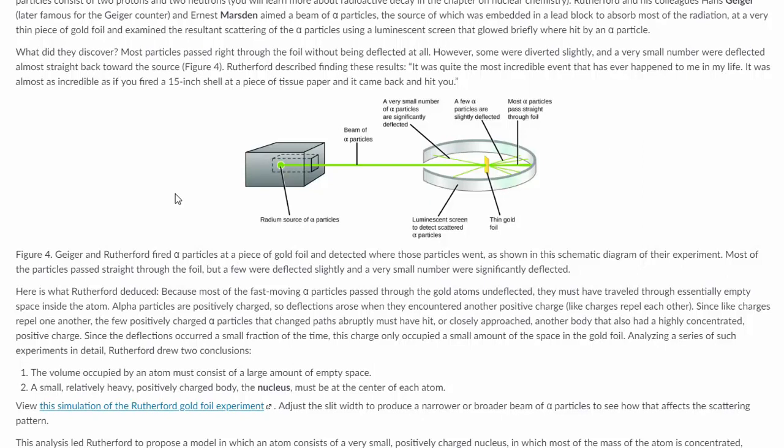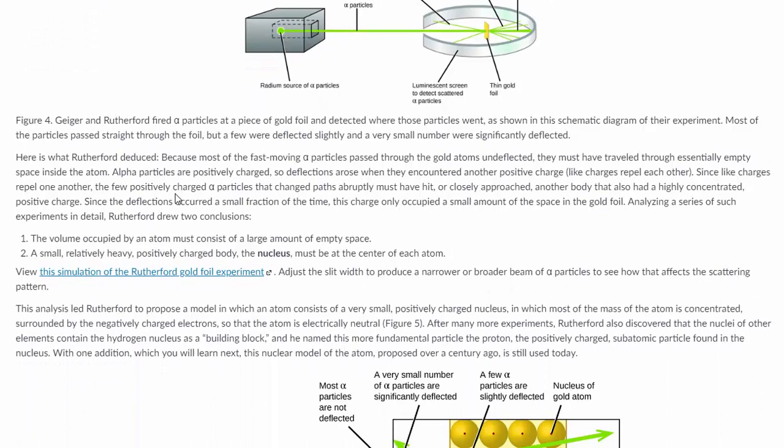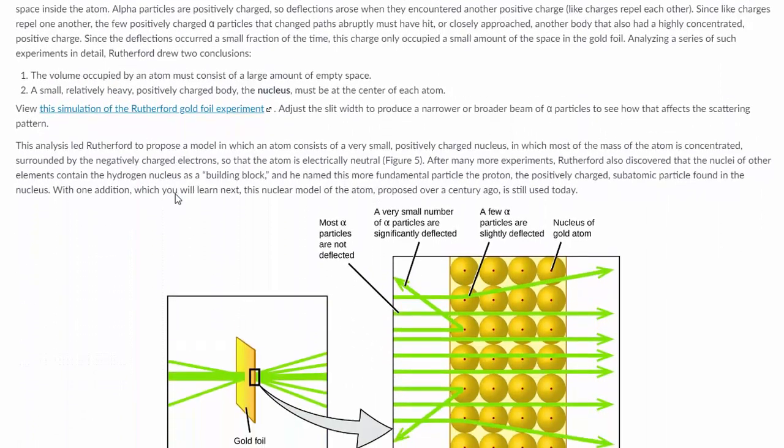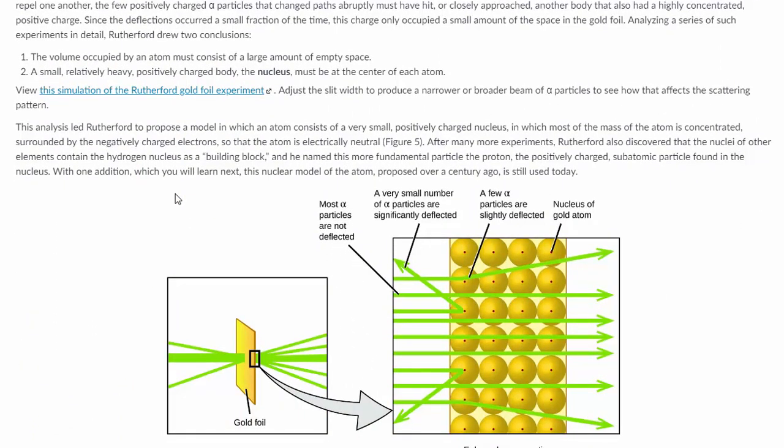A few of them were a little bit deflected, but most of them passed straight through. Because of this experiment, he was able to determine that the volume occupied by an atom consists largely of empty space. He was also able to determine that there is a small, relatively heavy, positively charged body, which we call the nucleus, at the center of each atom.